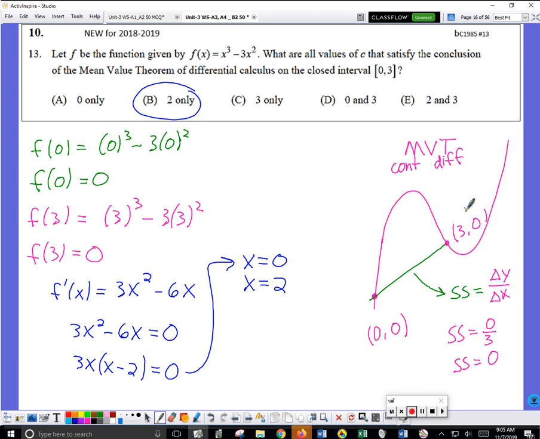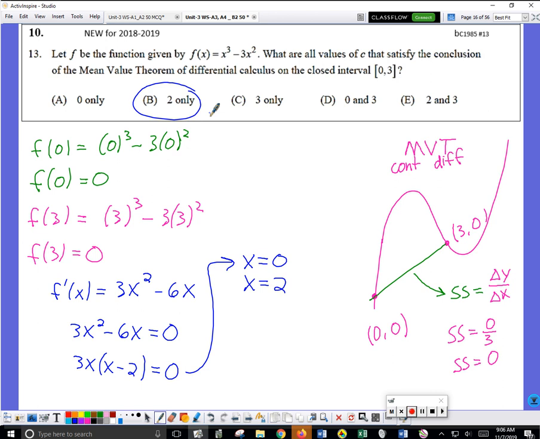So even though x equals 0 does have a slope of 0, it doesn't count. You can cross out everything but 2, because you've got to have a 2. You might be thinking, why didn't they have a 0? The reason they didn't include the 0 is because it's on the end.